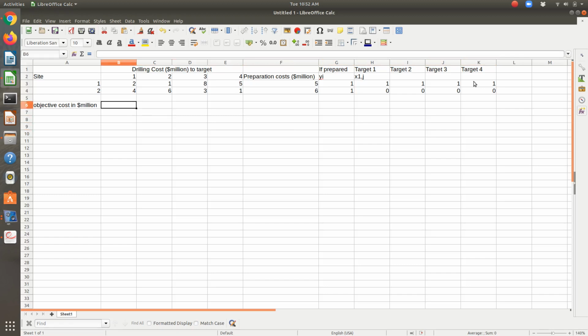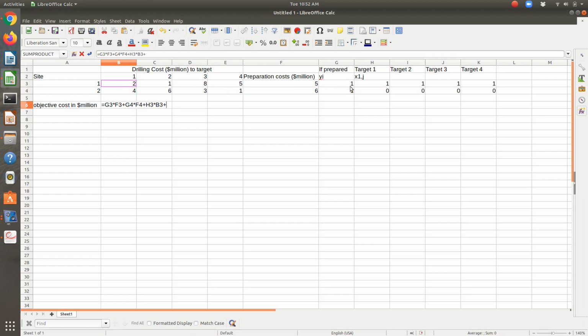And so then my cost is going to be a sum, and first I'll do the product of whether a site's prepared times the preparation cost, plus, if target 1 is connected to site 1, there's going to be that drilling cost.